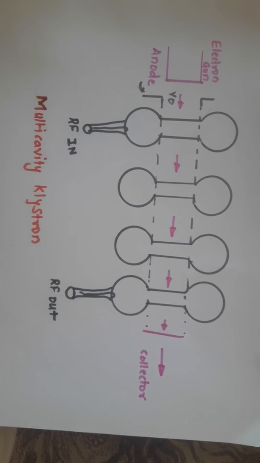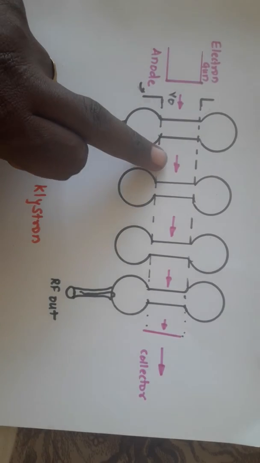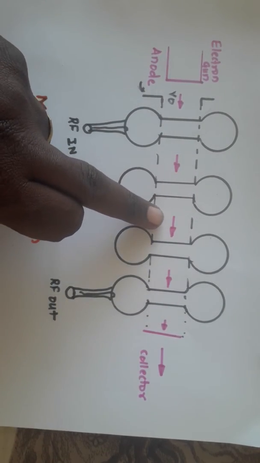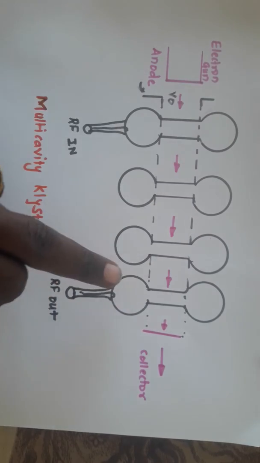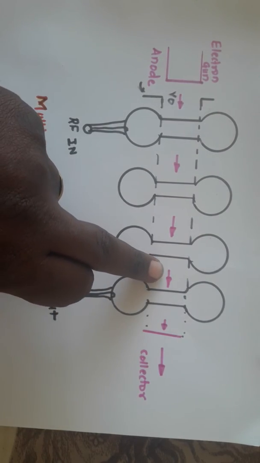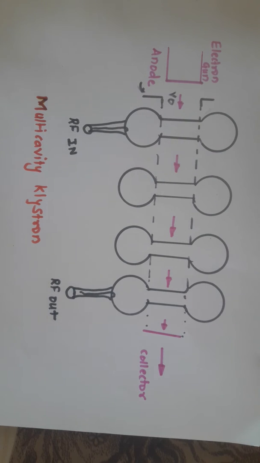Every time, we get an enhanced voltage at this cavity, and again an enhanced voltage at this cavity, so that the overall gain of the output increases, and we get up to 45 to 50 dB gain in this multi-cavity klystron.